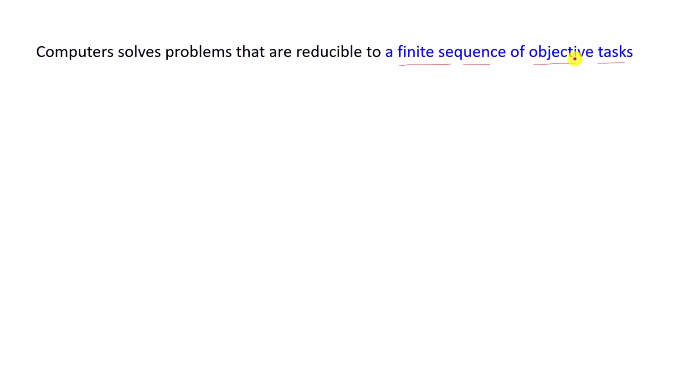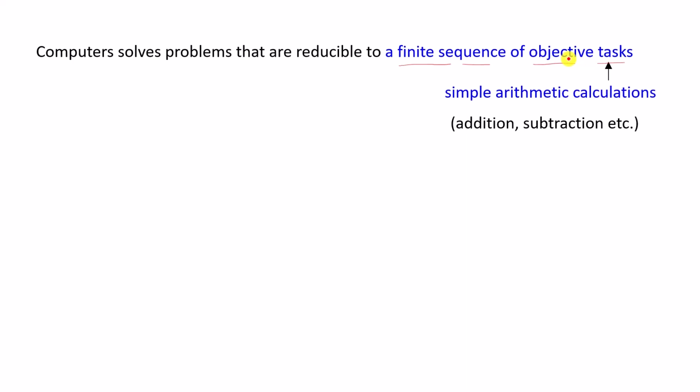And what do I mean by objective task? In the context of scientific computing, I mean simple arithmetic calculations, like addition, subtraction, etc. If there is a problem that I can solve using such simple arithmetic calculations repetitively, then I can program that problem in a computer.